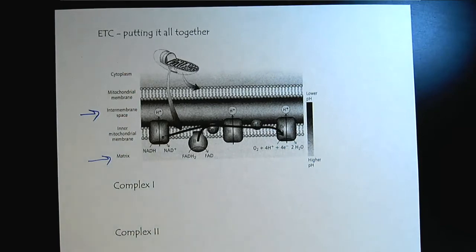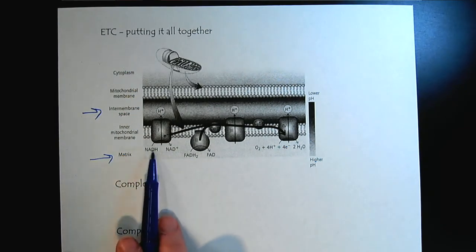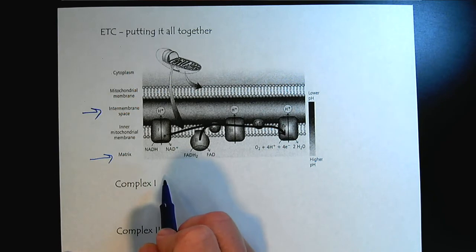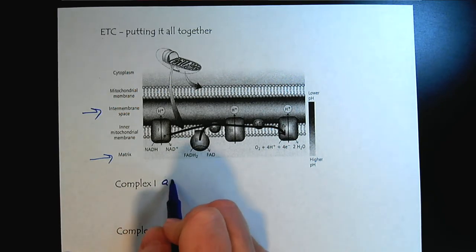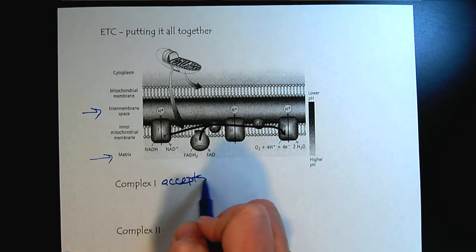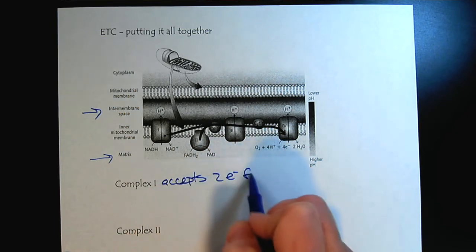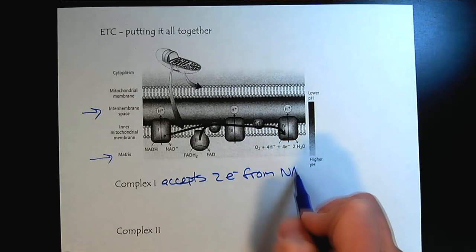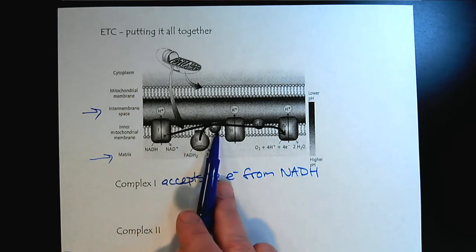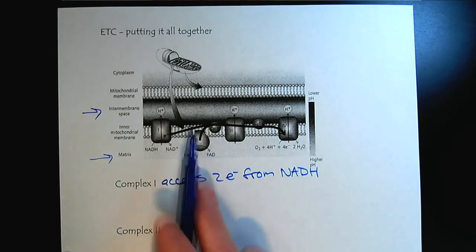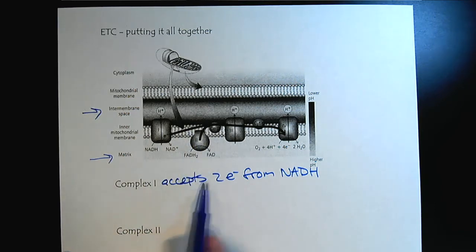Okay, so let's go through. As we can see, complex 1 accepts 2 electrons from NADH. These electrons are then passed to coenzyme Q, and we get 2 protons pumped into the intermembrane space.